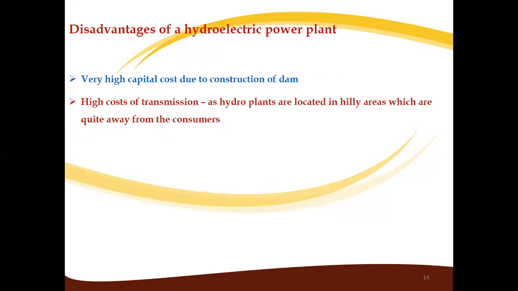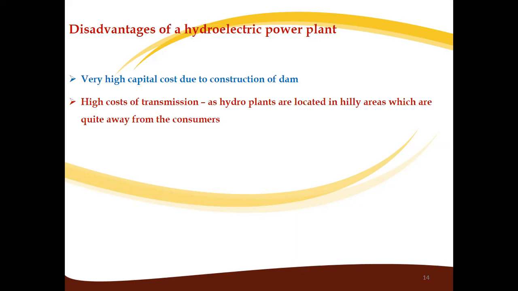And we have only two disadvantages of this hydroelectric power plant. We require a very high capital cost for the construction of a dam in a river. That is the main cost, the high initial cost to construct a dam. And second, we require high cost for transmission, because hydroelectric power plants are generally located in hilly areas, and the customers are away from those areas.